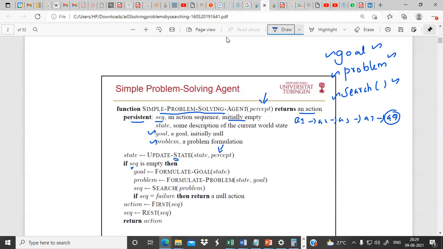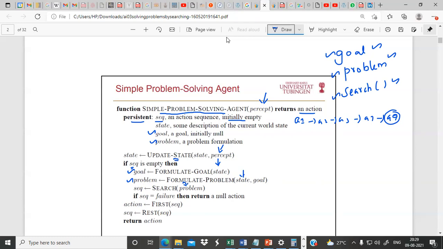Then what it does here, first it formulates the goal. Goal is equal to formulate goal, based on the current state, what should be the final state. Problem, similarly formulate the problem, based on the current state and the goal state. Okay, then call the search algorithm and give this problem as the input.